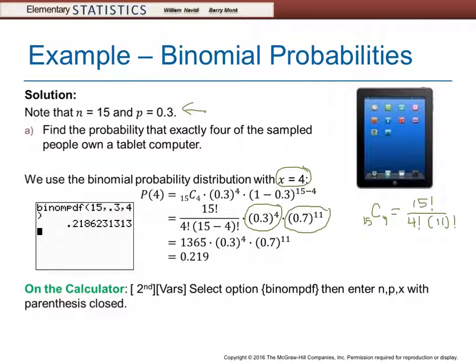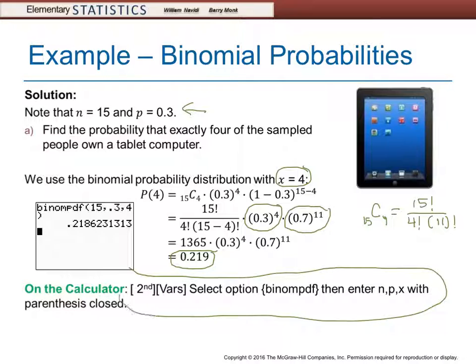So what's the probability of this event? It turns out to be 0.219.